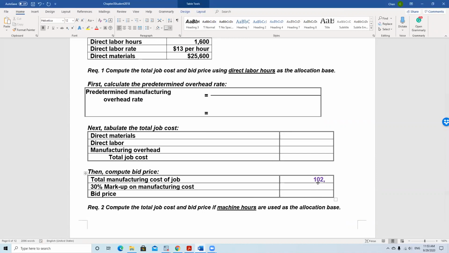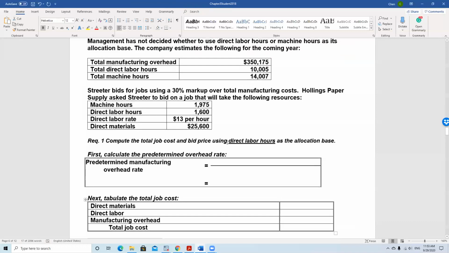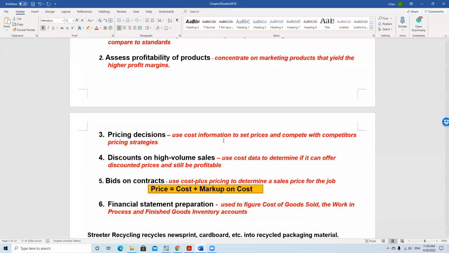The answer is 102,400. And then we're going to just do the last question to help you understand what we just talked about.